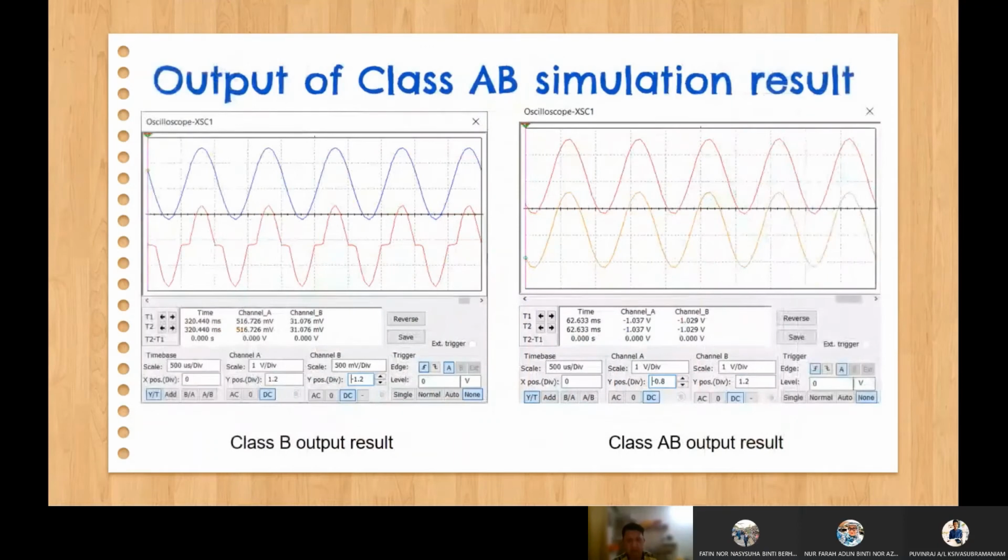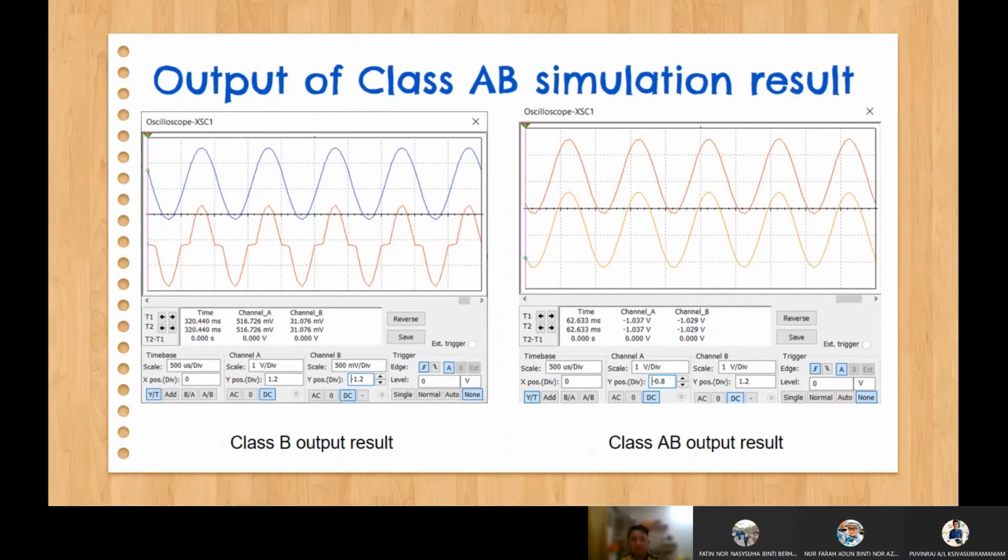Next. As you can see at the left, which is the Class B output result, we know that Class B output result has a small distortion which is called crossover distortion. This is because of the 2 transistors operating, where when the positive transistor operates, the negative transistor will be off.